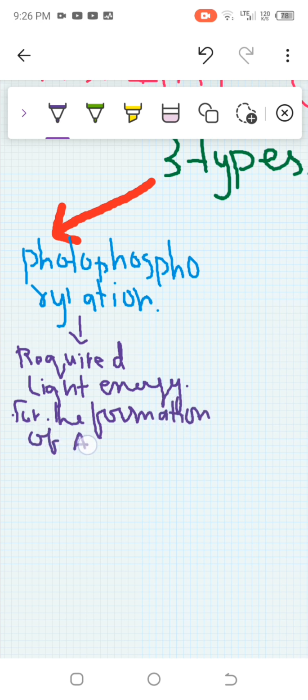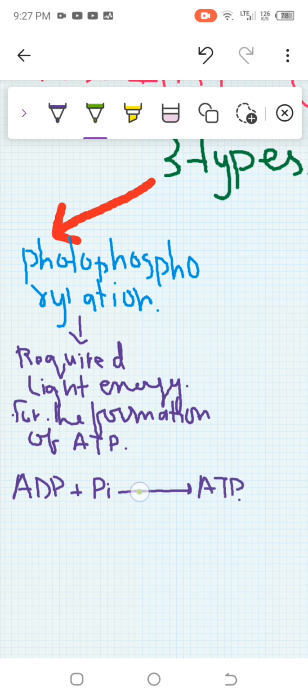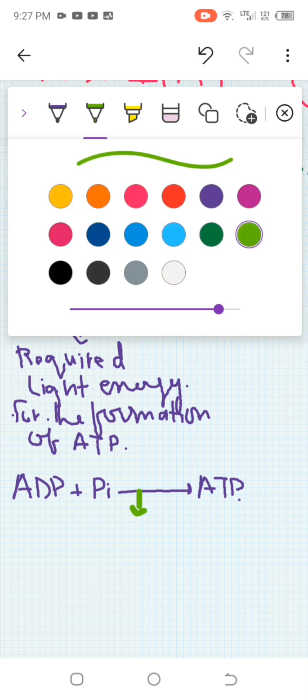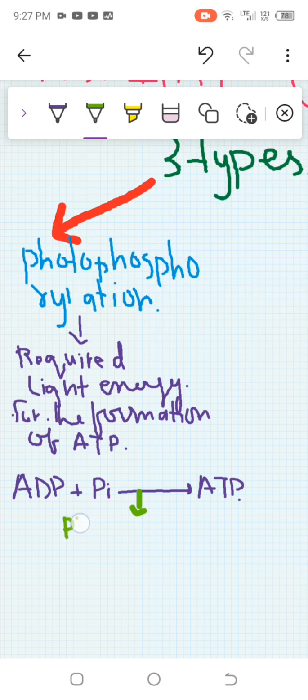Here ADP plus phosphate group will form ATP in the presence of sunlight.